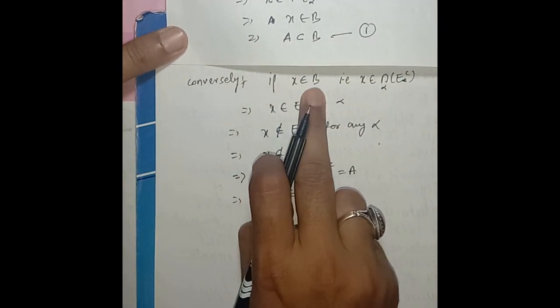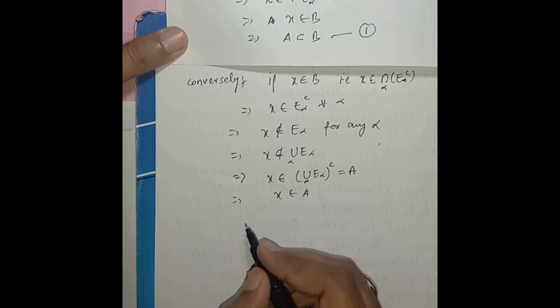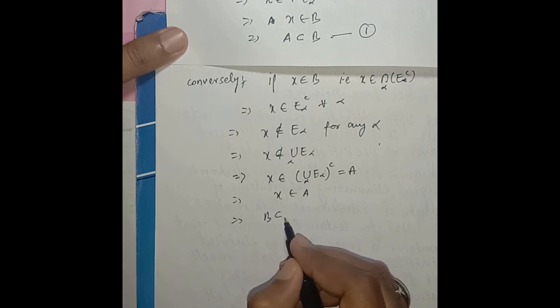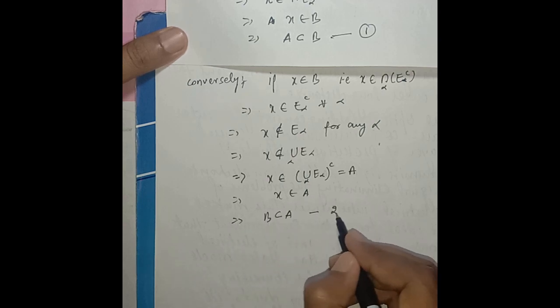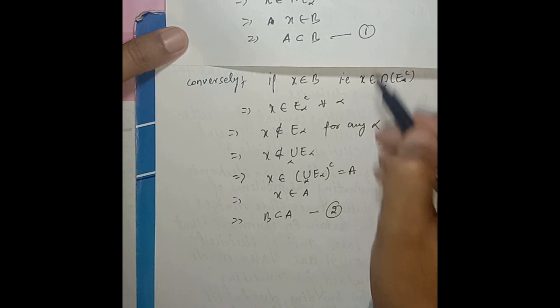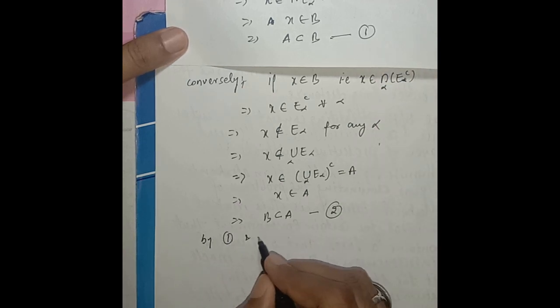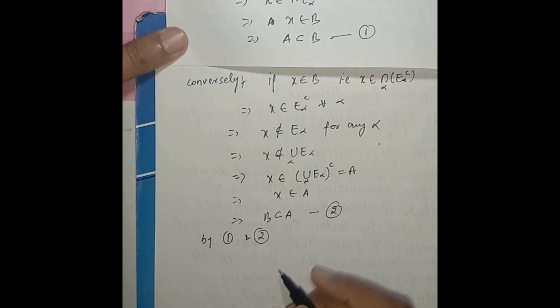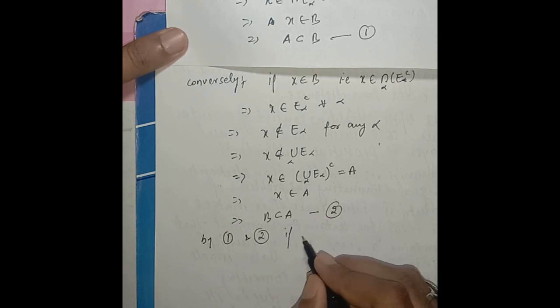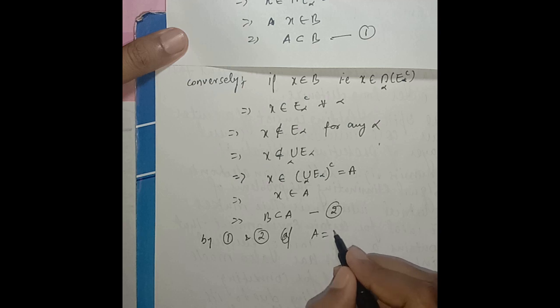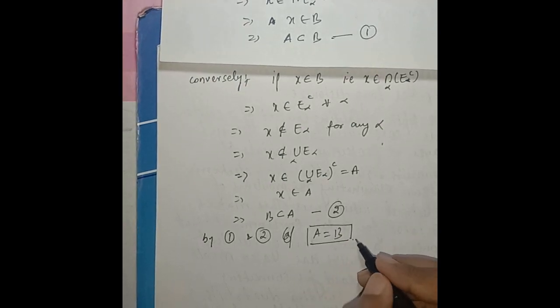So x in B implies x in A. This implies B is contained in A. We call it 2. So by 1 and 2, it follows that A is equal to B. Hence proved.